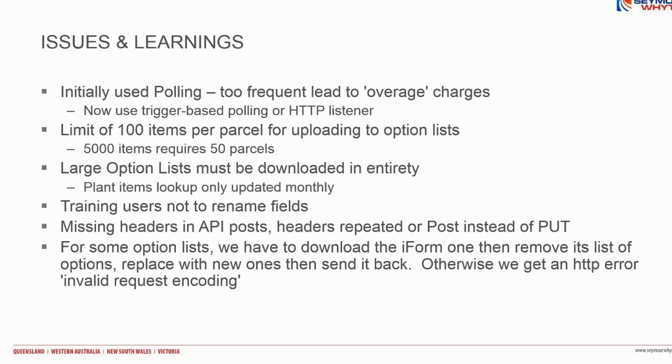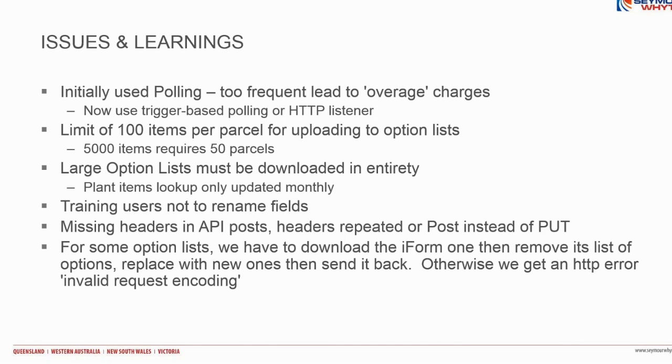One of the things that we still face and are working with is a limit of 100 items per parcel of data for uploading to option lists. So when we've got a 5,000 item option list, we're having to do 50 transactions to populate that.